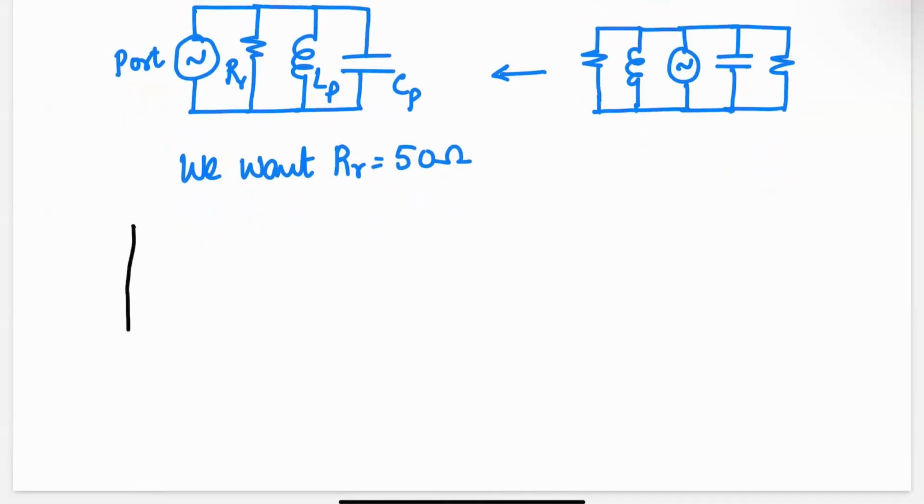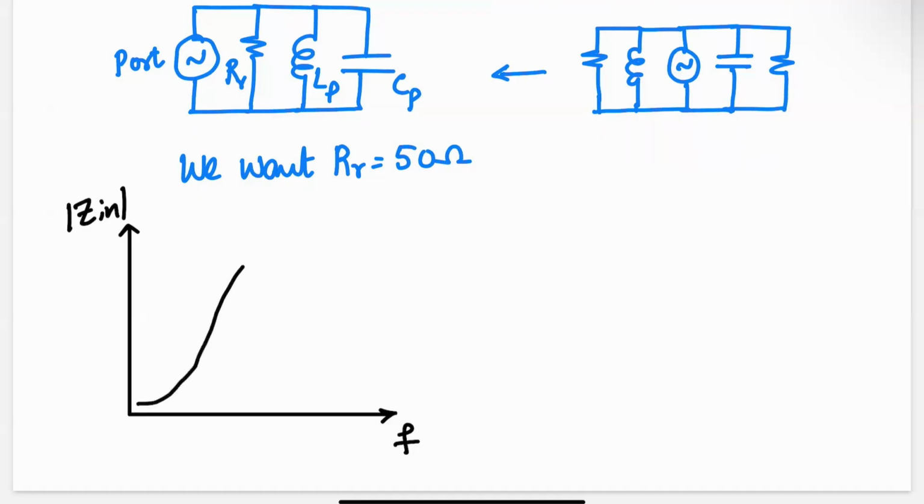As a function of frequency, if I'm looking at the magnitude of the impedance, then it looks something like this. I'm going to draw it freehand. And we know that for a parallel RLC, at resonance, the impedance is purely real and it's equal to RR.